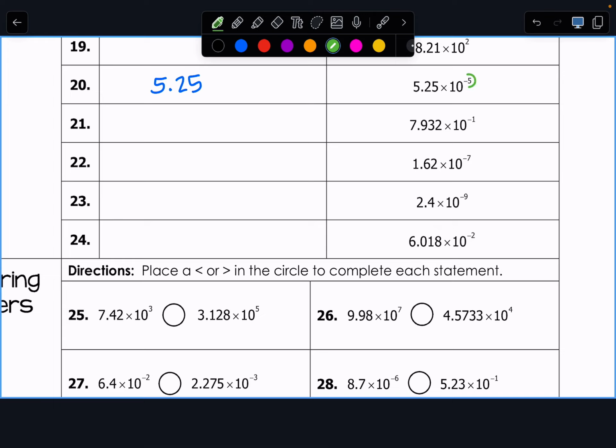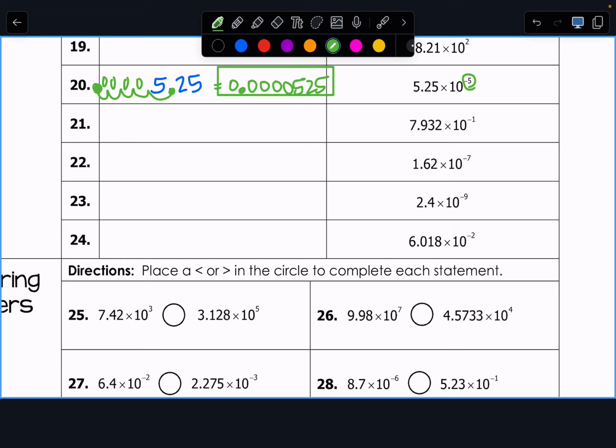Since this is a negative 5, we need to move our decimal 1, 2, 3, 4, 5 times. How many empty spaces do we have? So our answer is 0.0000525. It's not bad, right? I think scientific notation is beautiful.